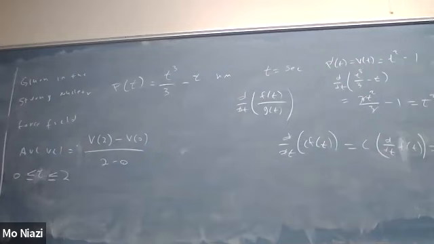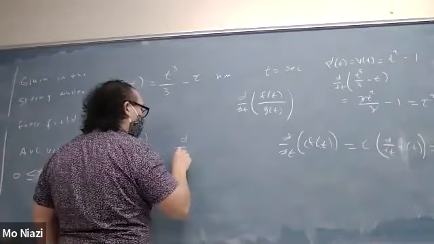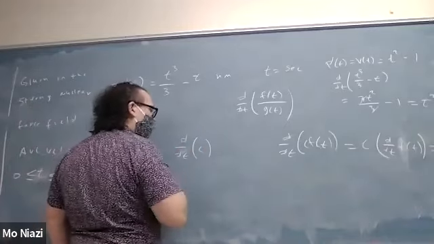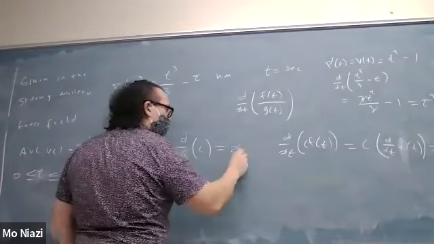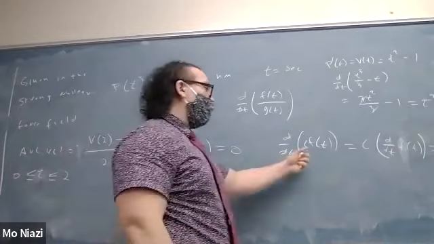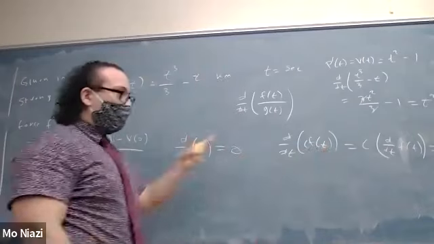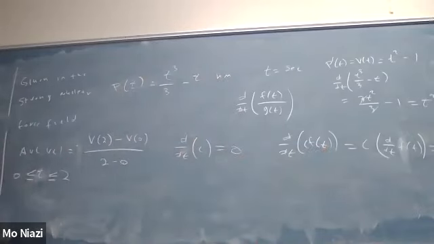Now, if it was the d dt of a constant all on its own, that's a different story. That becomes what? Yes. But if it's d dt of a constant times a function, it just attacks the function and ignores the constant. But if the constant's there all alone, it's going to attack the constant and make it become a 0. Make sense? Okay.